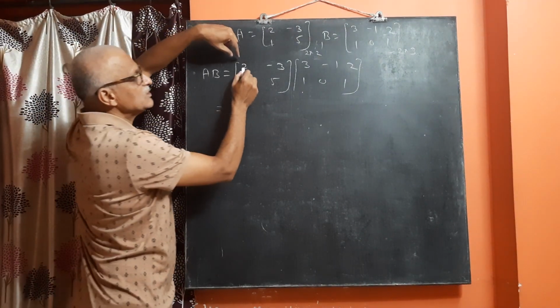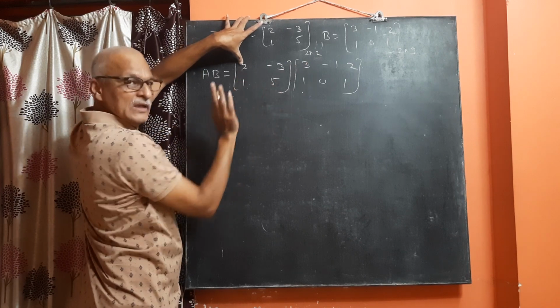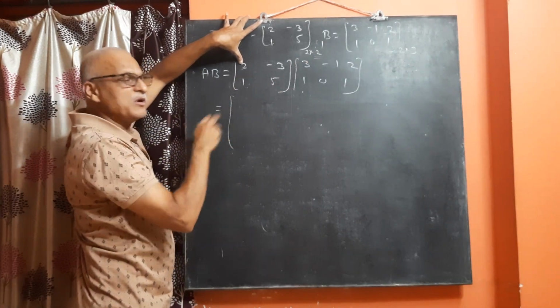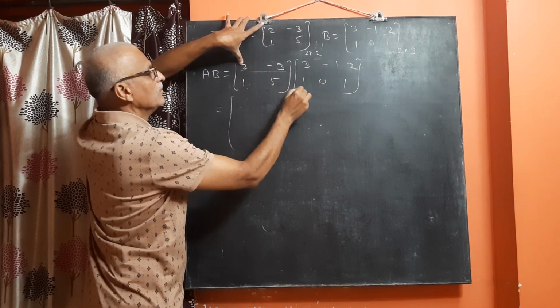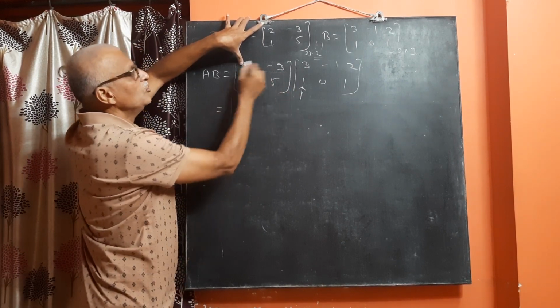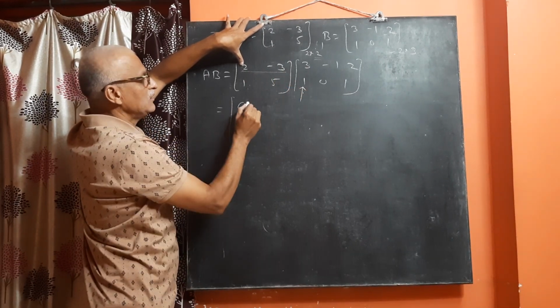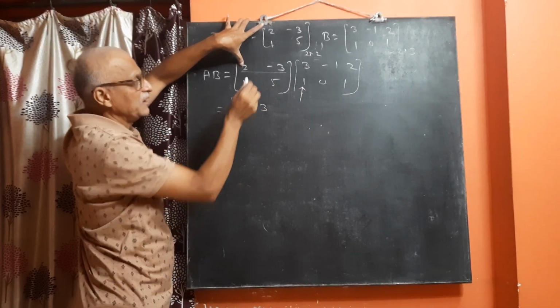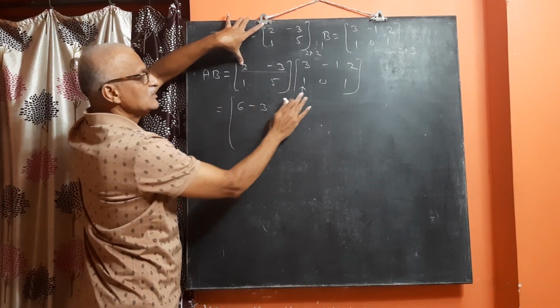Now first row into first column. I am saying first row into first column. In this problem I mark this row and this column. So 2 into 3 is 6, minus 3 into 1, that is minus 3. I repeat again, 2 into 3 is 6, minus 3 into 1, that is minus 3.